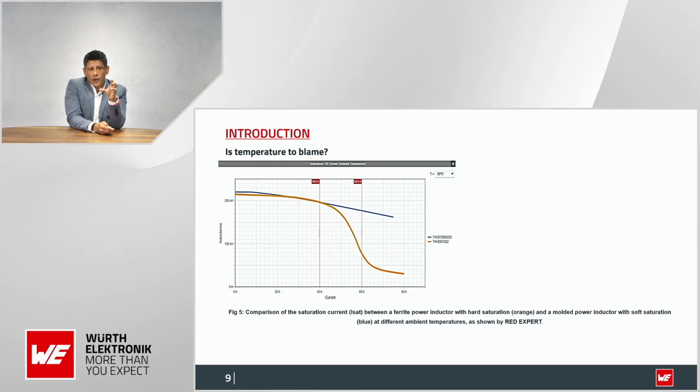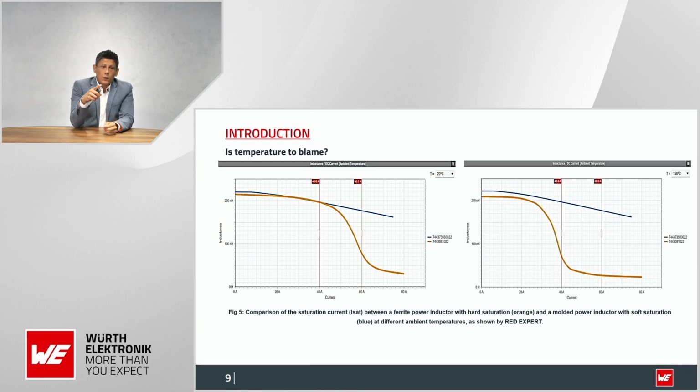So we have a gap here between 40 amperes and 60 amperes, and those are the curves at a temperature around 20 degrees. But if we increase the temperature, we expect a strong change in the case of the hard saturation power inductor. So now you can see that if you plan for the inductor to work between 40 and 60 amperes, then the inductance value is going to decrease dramatically.